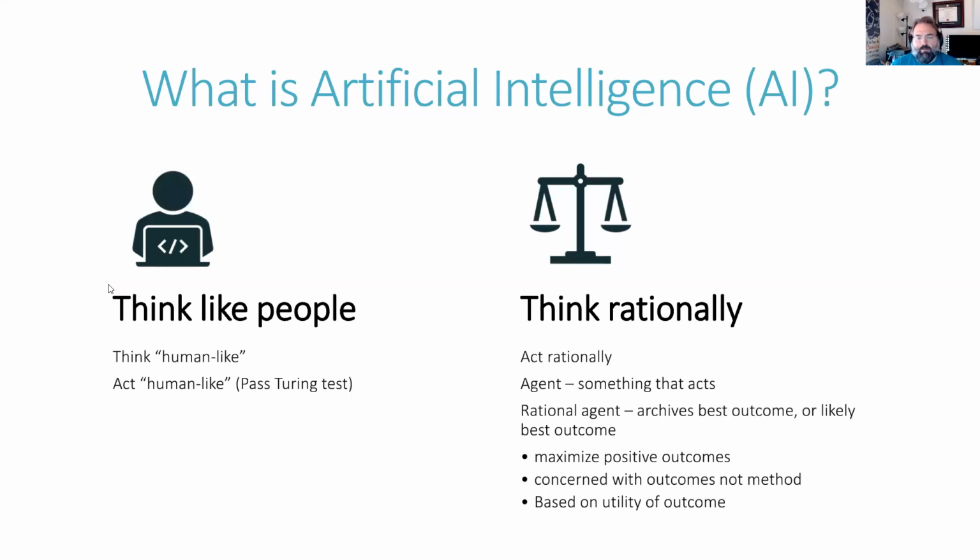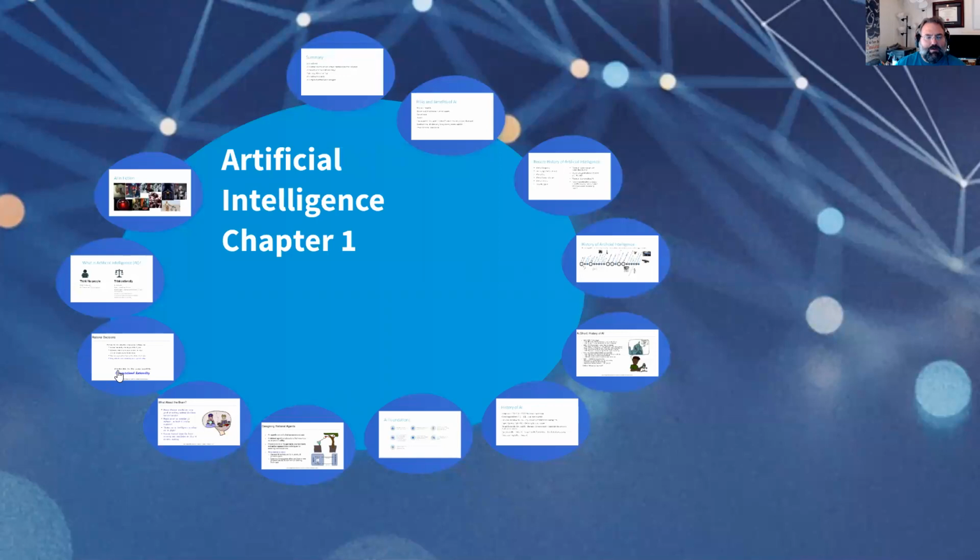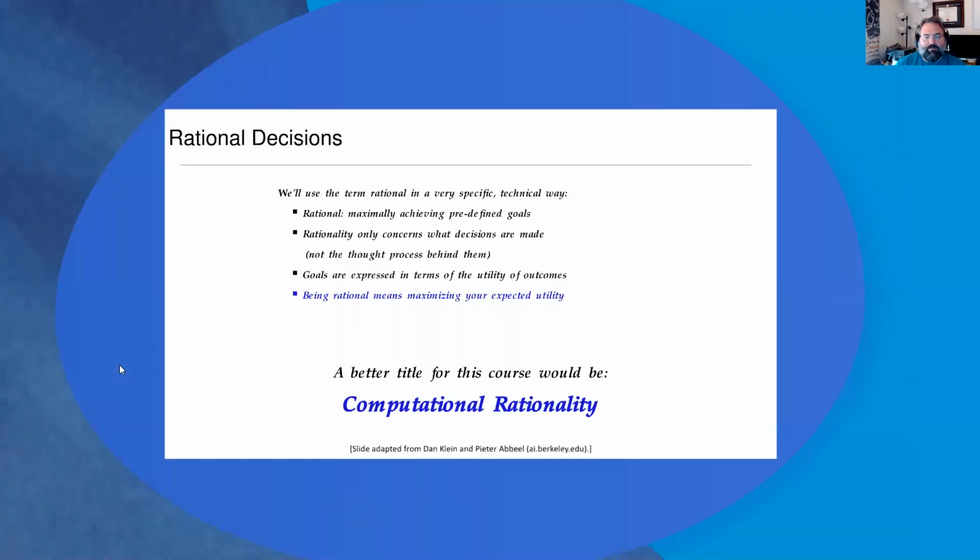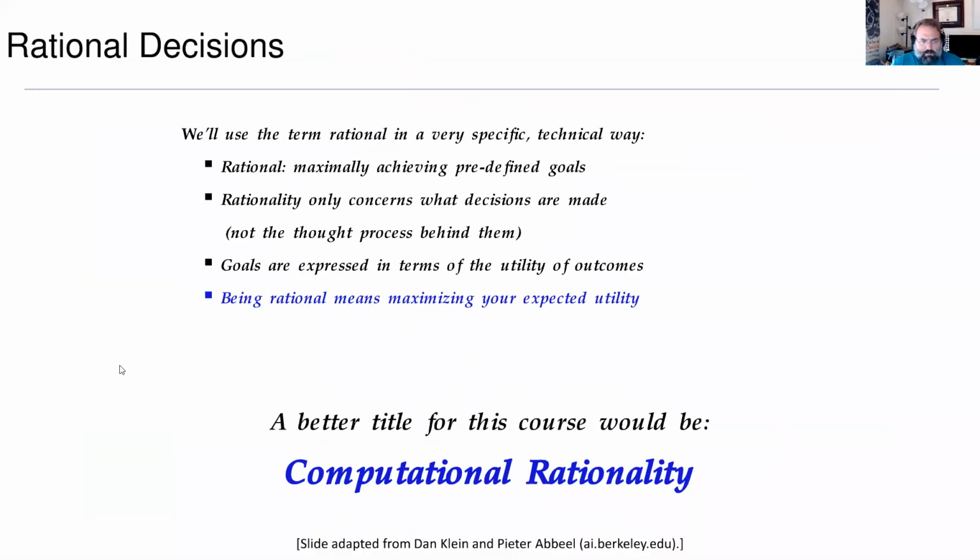There are typically things that get in the way that need to be overcome. So those are the two basic schools of thought. There are fancier words for them, but at the end of it all, are they like people, or do they do things to reach some rational goal? We talk about rational decisions, and perhaps this course, as the slide says, should be called computational rationality.